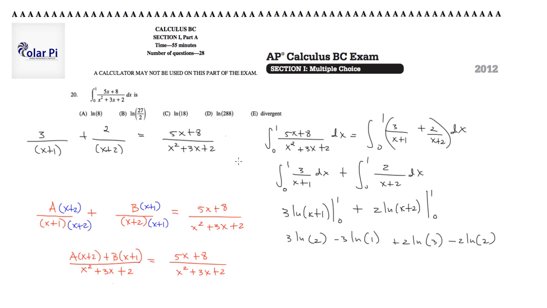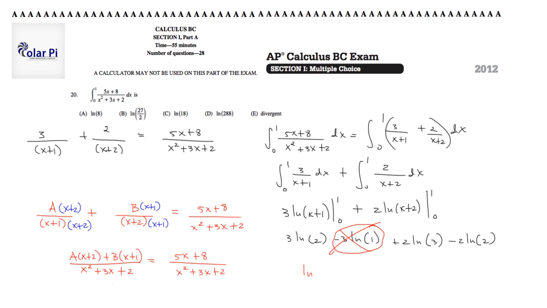Did I not forget the minus? Yes, it's 3 ln of 2, and then minus 3 ln of 1. It doesn't matter anyway because ln of 1 is 0. Therefore, that term is gone with the 3.